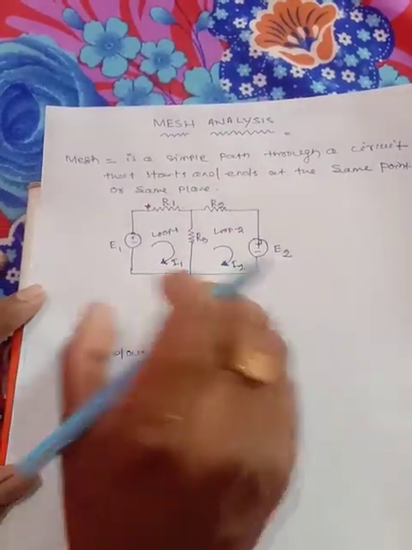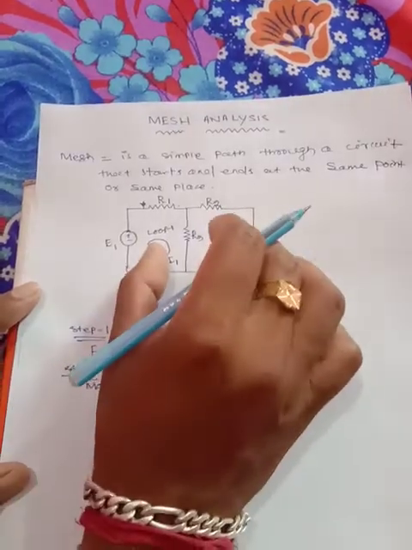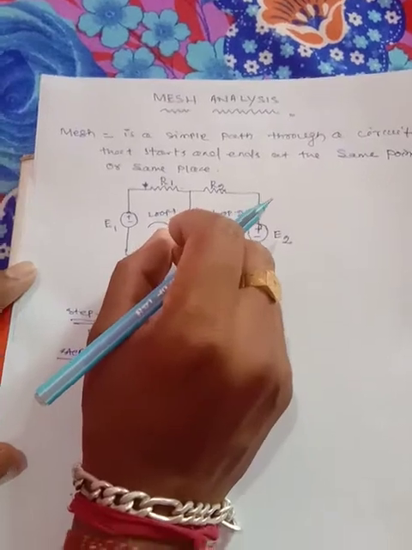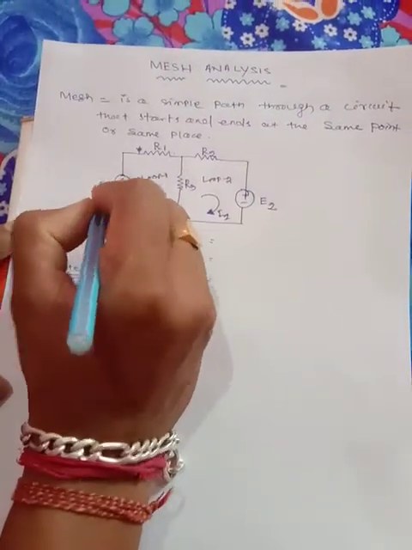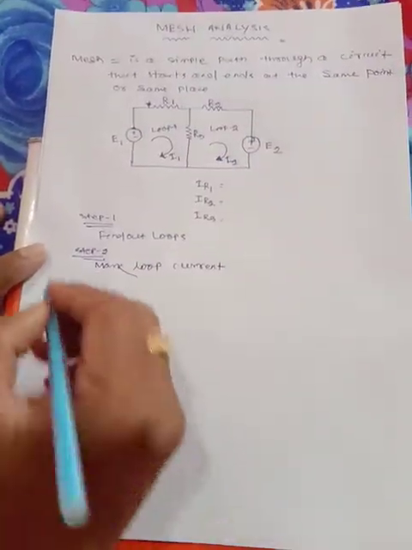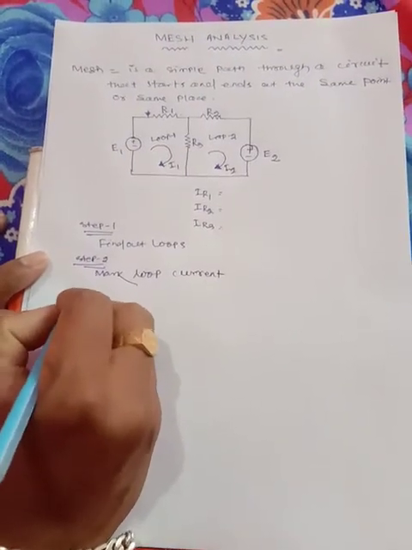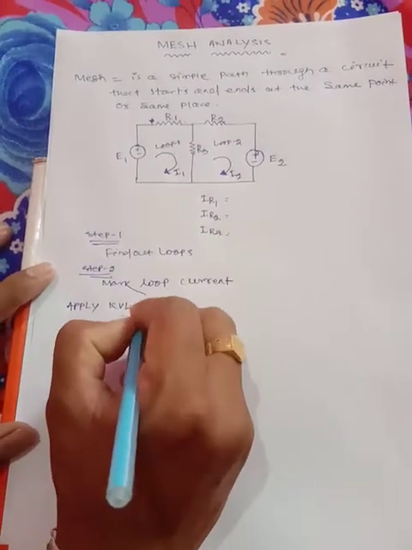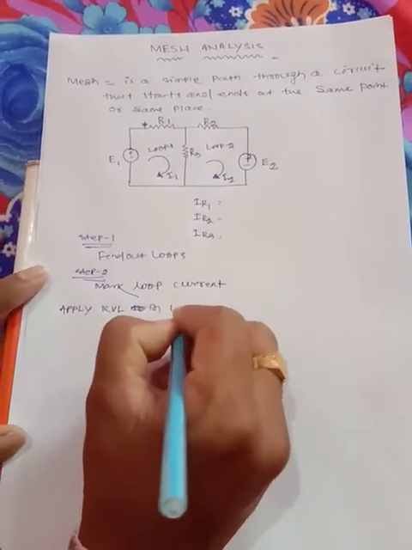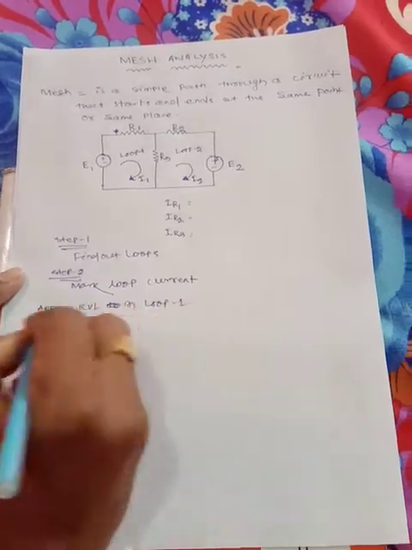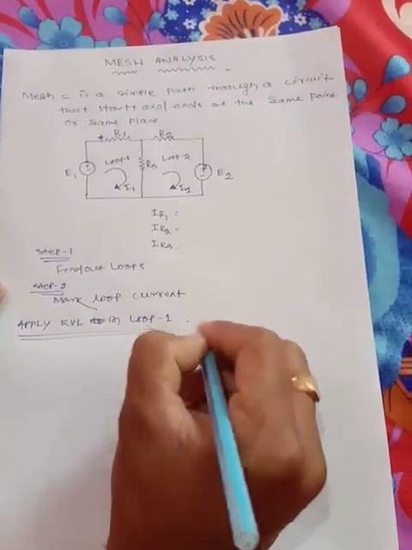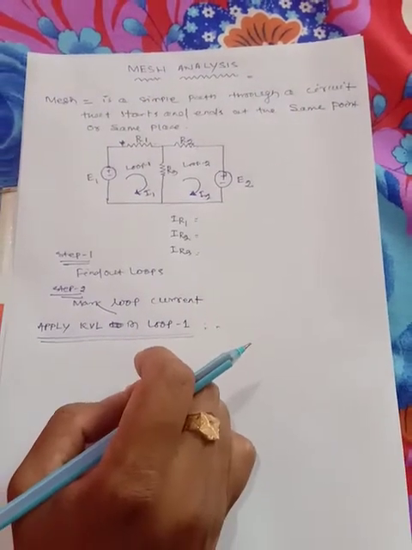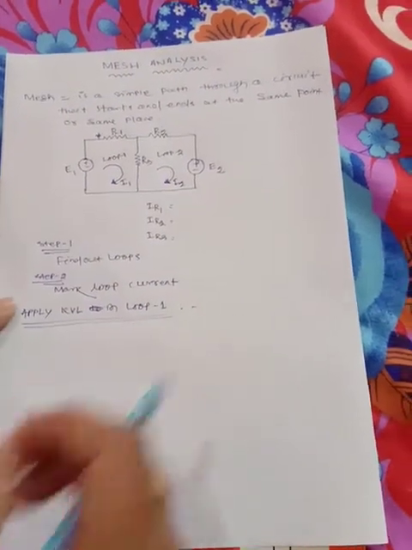Let me apply the mesh analysis method for solving easily. We start from the voltage source, that is E1. Apply KVL in loop 1. This is the most usable method, the mesh analysis, to find branch currents and total current.